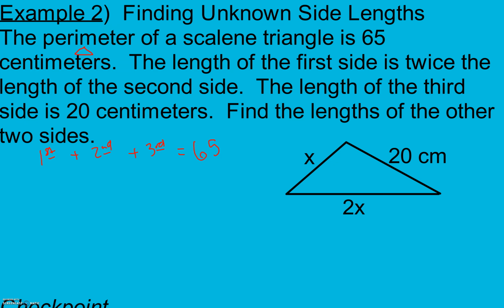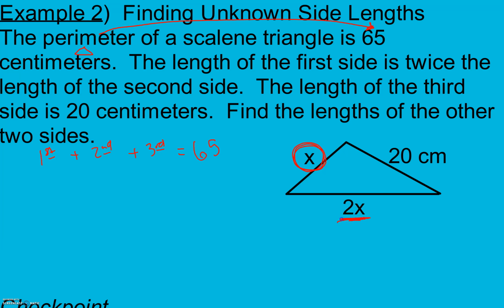In a triangle, we have 3 sides, so we're going to add those up, and it's going to be 65 because perimeter is 65. The length of the first side is twice the length of the second side. So the second side we don't know. Let's make it x. The first side on the bottom here we said is twice the length.